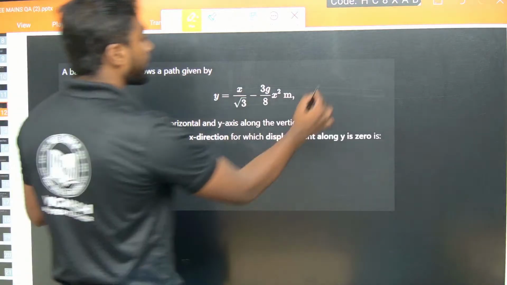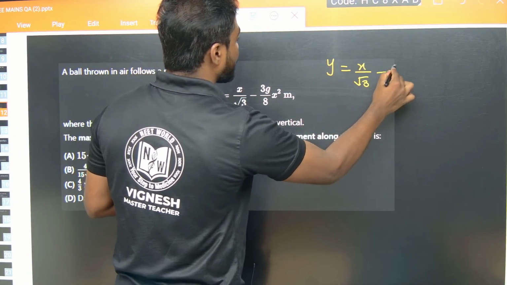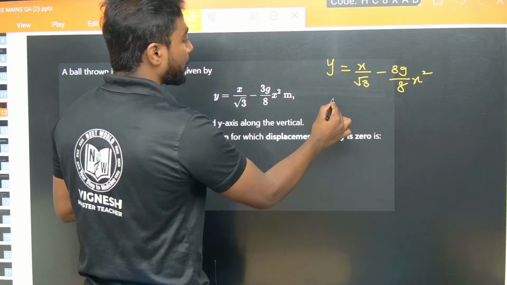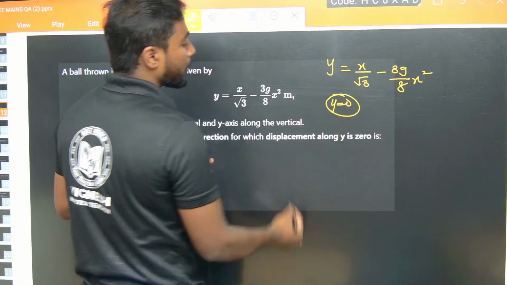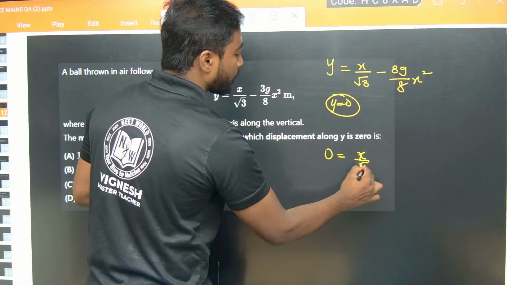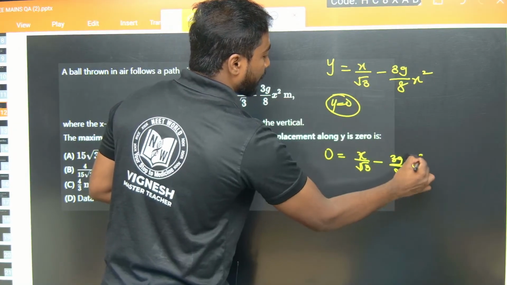Simply I can write the equation y equals x by root 3 minus 3g by 8 x square, where y equals 0. So 0 equals x by root 3 minus 3g by 8 x square.